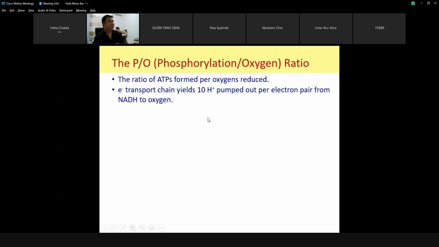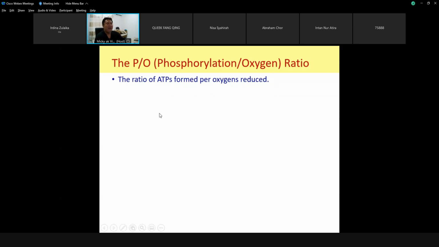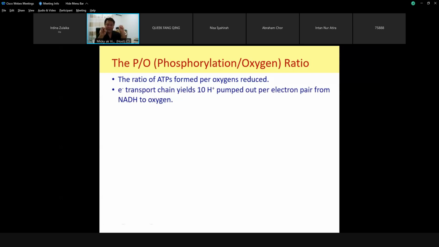Right. So this is just a summary. What are the numbers of electrons or hydrogens being used throughout the two coupled processes? Now, the electron transport chain. As the electron is transported from complex 1 and 2 to 3, then to 4, 10 hydrogens are pumped.